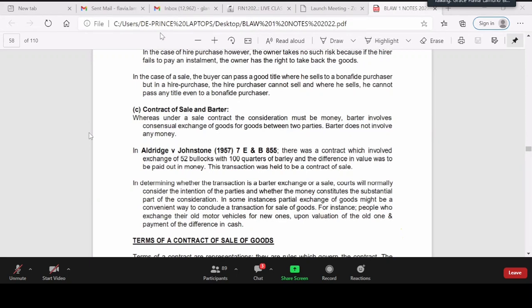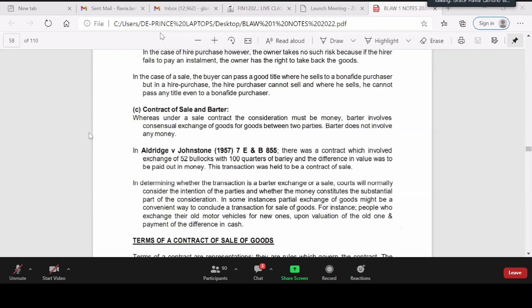So in both contracts, there's a transfer of ownership. You're buying a good, the buyer becomes the owner of the property. The third similarity between the two is consideration. In both contracts, there is consideration. You pay for the good. It is not given to you for free, but you have to pay for the good which you're buying.